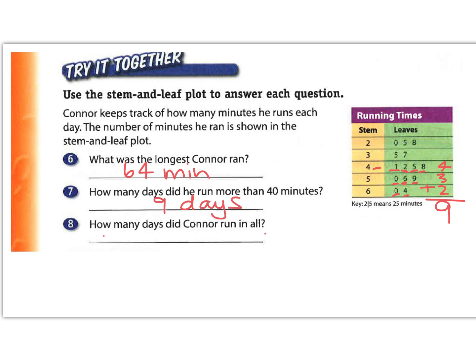How many days did he run in all? Wow. Well, we already have those counted out. So let's count out the other days. 1, 2, 3, and then 1, 2. So 3 plus 2 is 5, plus 4 is 9, plus 3 is 12, plus 2 is 14. So he ran a total of 14 days.